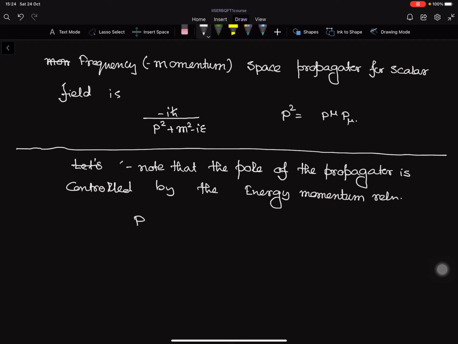Since epsilon is very small, it is given by p square plus m square.